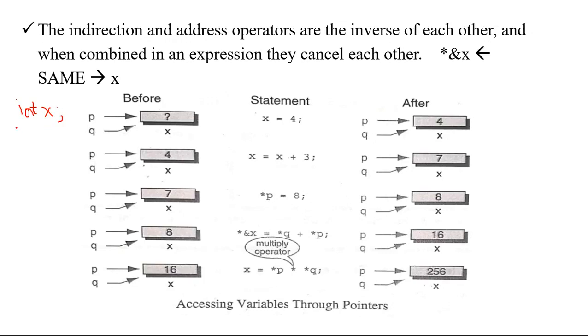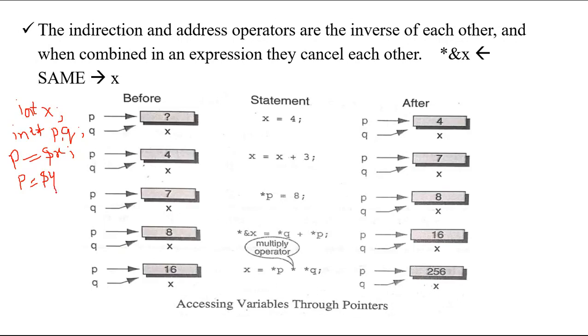Then what am I doing? int *p and *q, we are declaring two pointers, p and q. Then p = &x, storing the address of x into p. Then the same thing, q = &x, I'm doing.